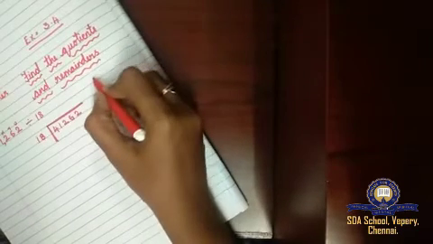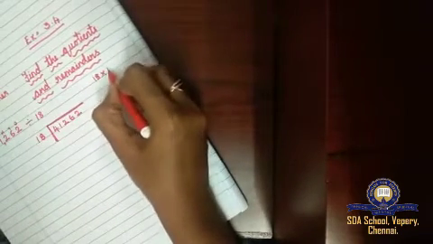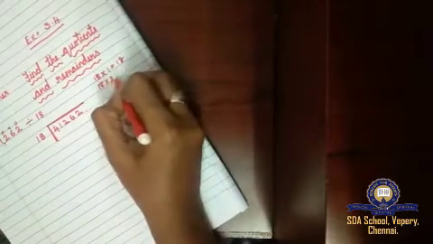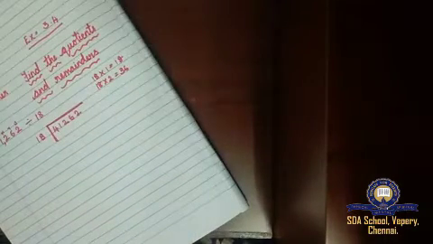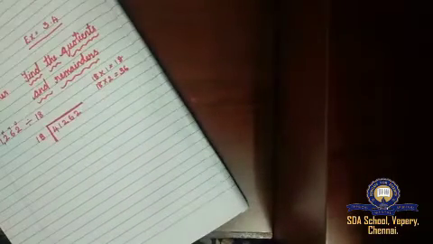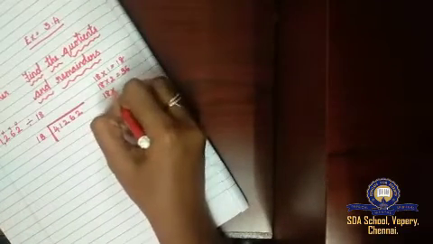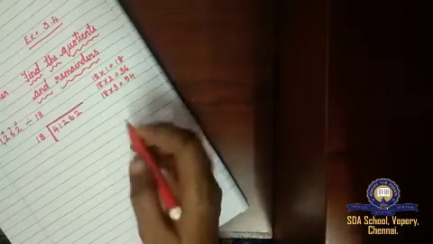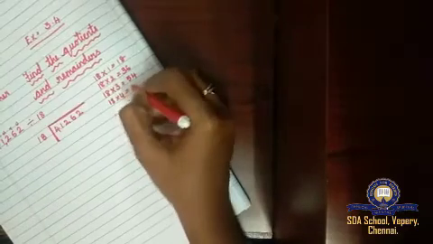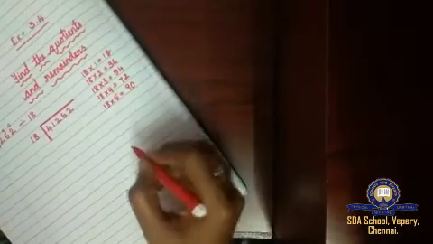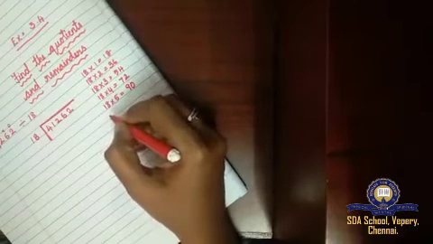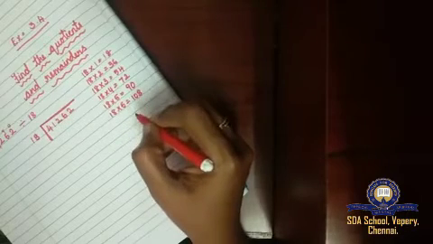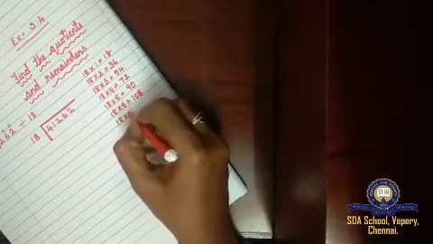So for your better understanding I am writing the 18 table here. 18 ones are 18. 18 twos are 36. 18 threes are 54. 18 fours are 72. 18 fives are 90. 18 sixes are 108.